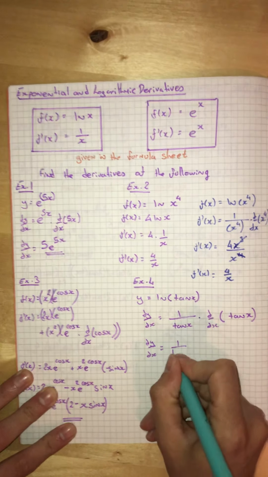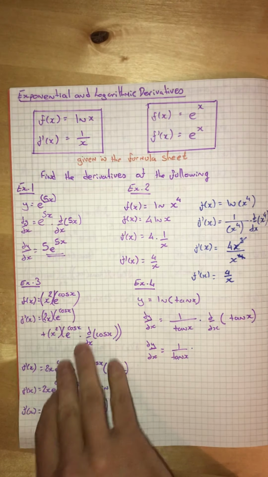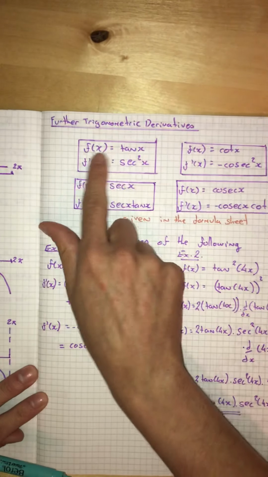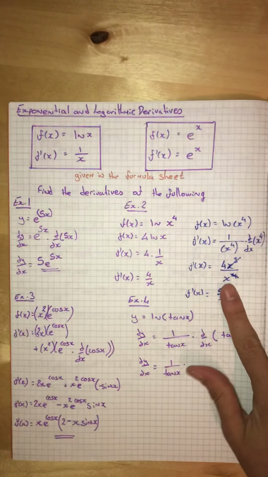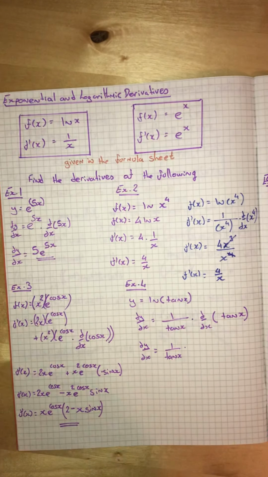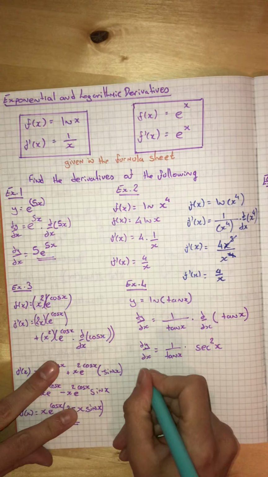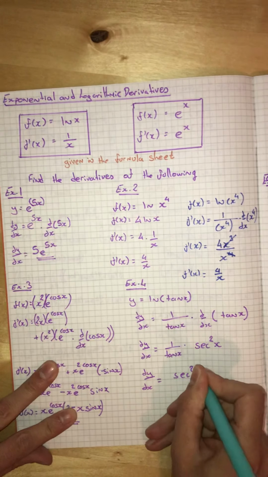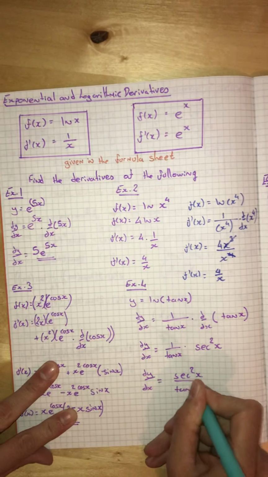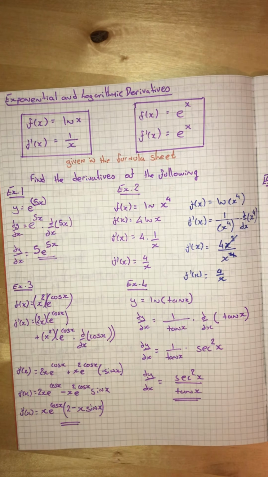So we get 1 over tan x times the derivative, and you would go and check your formula sheet if you can't remember it, which is actually on the previous page. For me, derivative of tan x is sec squared x. So we get sec squared x over tan x. And that's the exponential and logarithmic derivatives.